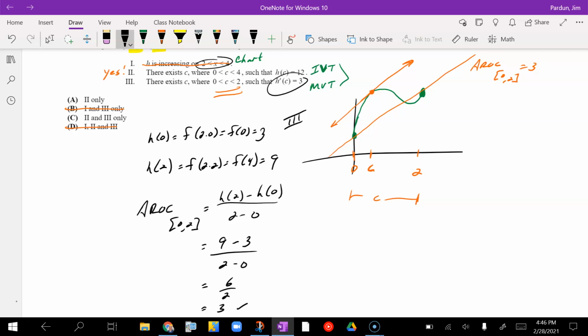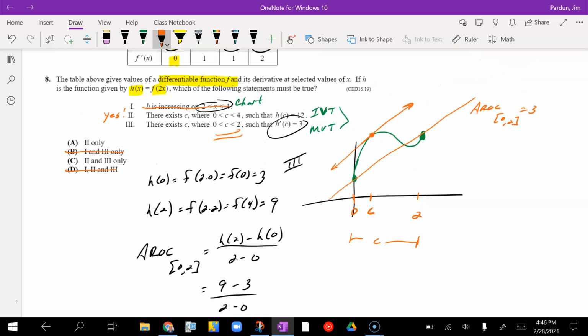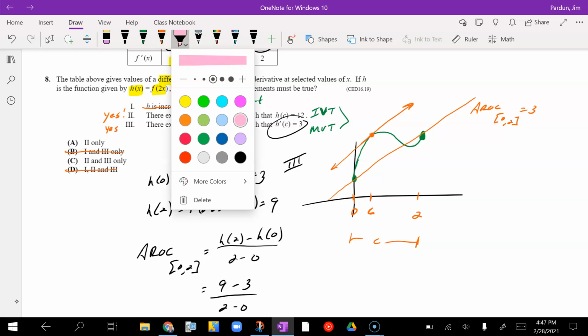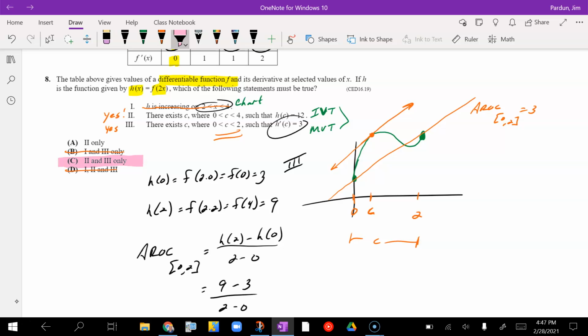This average rate of change is 3. And since it's smooth and continuous, there has to be a place where h prime of c is equal to 3. So that's a yes. Therefore, I can say, without any doubt in my brain whatsoever, the answer is going to be C for this problem. And that's how that one works.